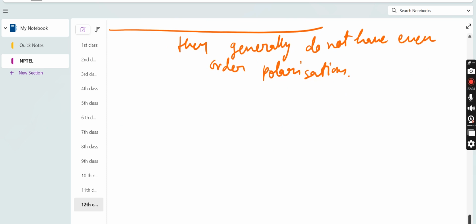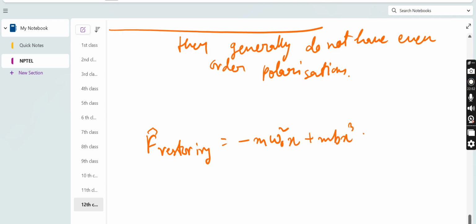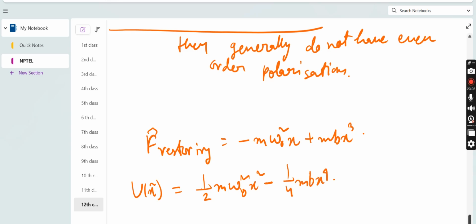So for centrosymmetric media, the force is minus n omega naught square x plus nb x cube, and the potential is half of n omega square x square minus 1 by 4 nb x to the power 4.